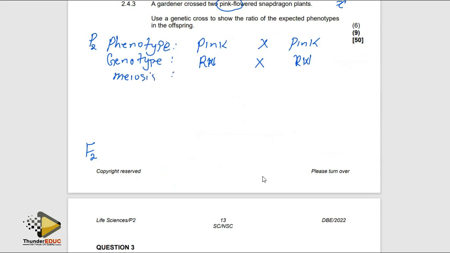Meiosis forms the gametes: capital R, capital W here, and capital R, capital W here. We call these gametes.